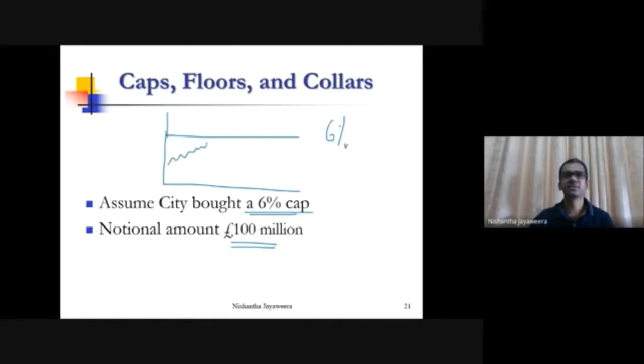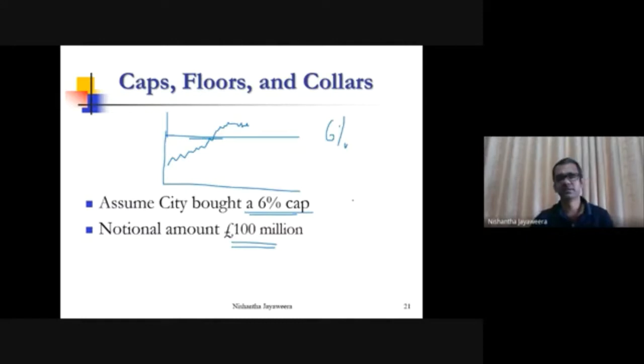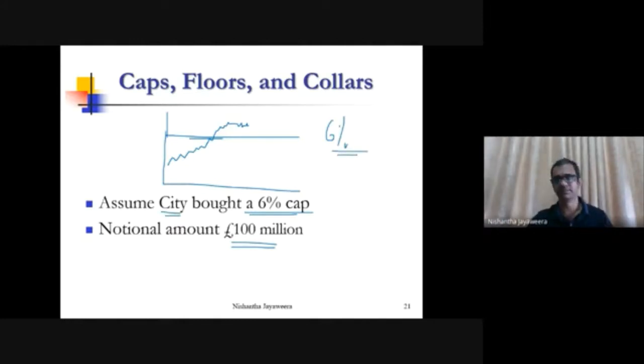if interest rate goes beyond that, they will pay maximum 6%. The difference is paid by the seller of the cap. So effectively, interest cost of the city is only 6% maximum.